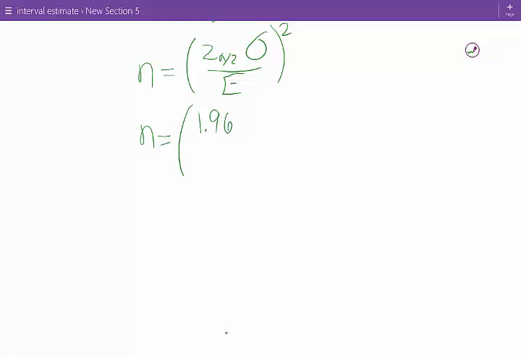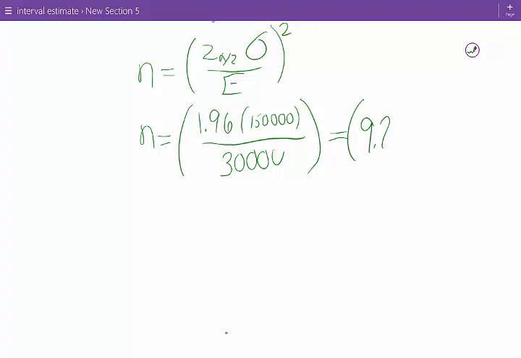Our sigma is 150,000. And our margin of error is going to be 30,000. So 1.96 times 150,000 divided by 30,000 gives us 9.8. 9.8 squared gives us 96.04.